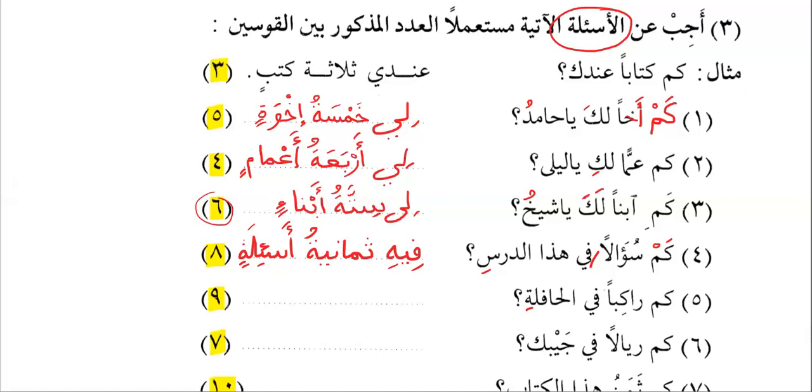What else could we say to make it shorter? وفيه No, حافلة is feminine. وفيها So we would say نعم فيها تسعة. You read the sentence with this in. تسعة ركاب. نعم فيها تسعة ركاب. So in it there are تسعة ركاب.